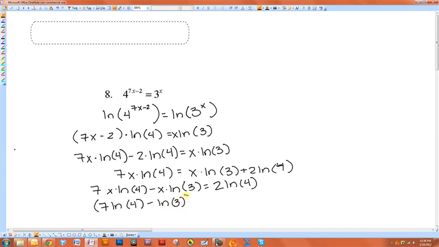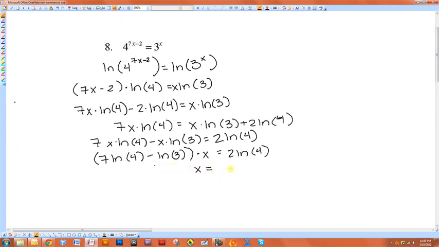Think of this as just factoring out the x. So you could think of it as adding the coefficients, or you could think of it as factoring out the x. I like to think of it as factoring, actually. So now I'm just going to divide both sides by that stuff.